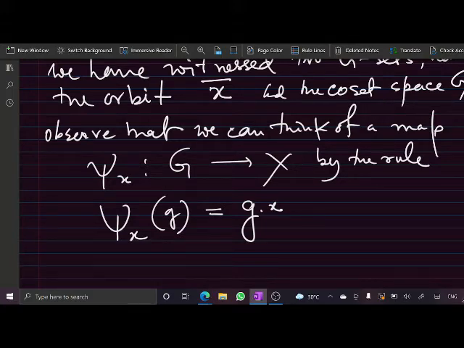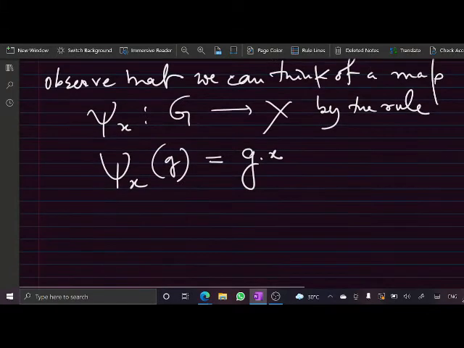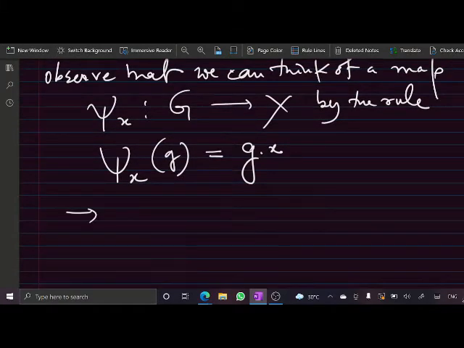You can say that this map is an evaluation map.